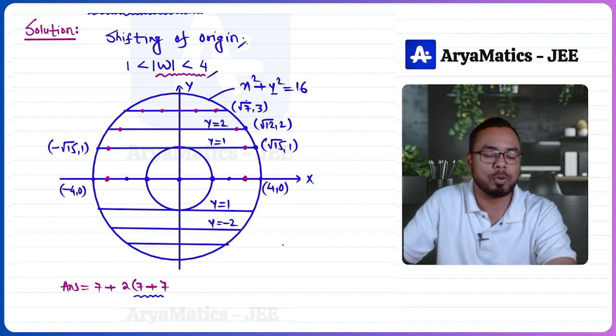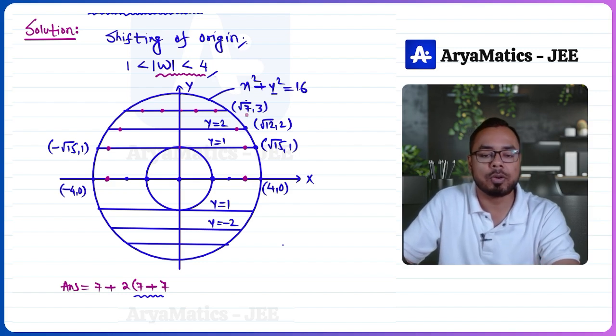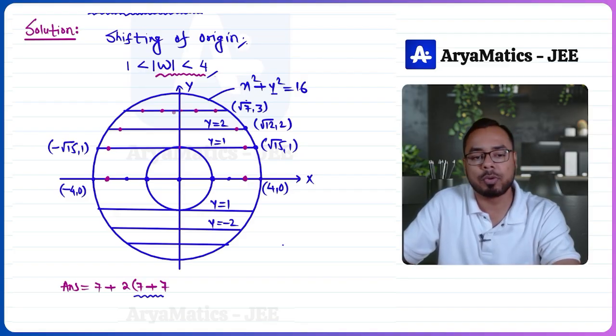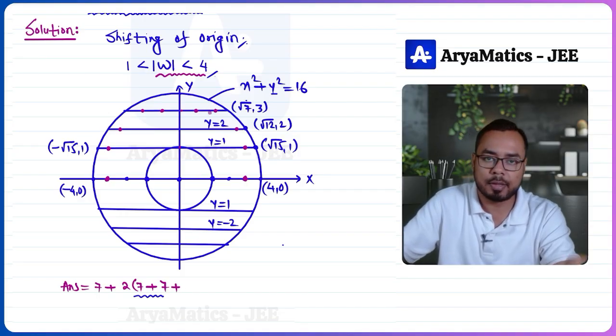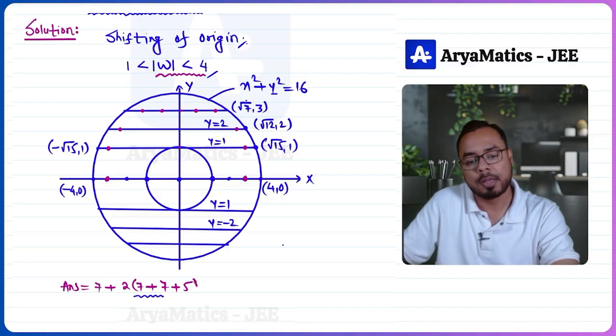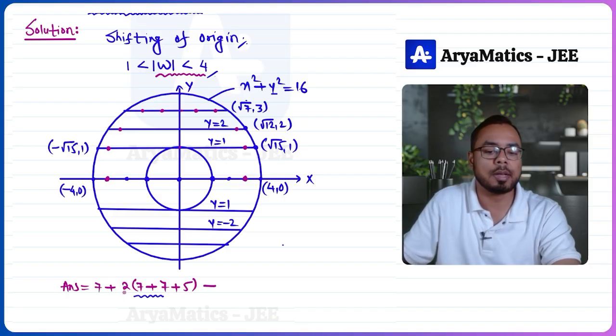So from -2 up to +2, again, root 7 is less than 3 and more than 2, so the point just inside the circle will be (2, 3), and on the negative side (-2, 3). So from -2 up to +2, you'll have 5 points on the line y = 3, and another 5 on y = -3. So these are the number of points with integral coordinates inside the bigger circle.